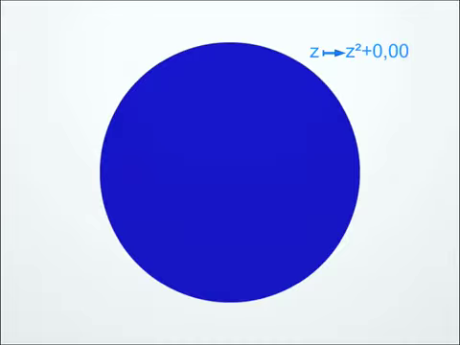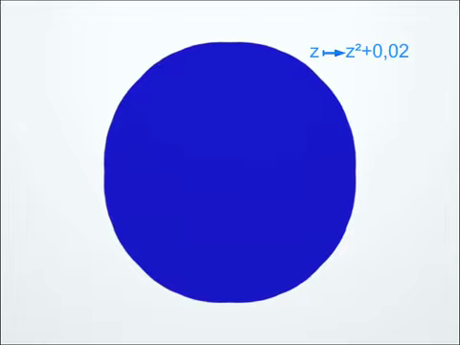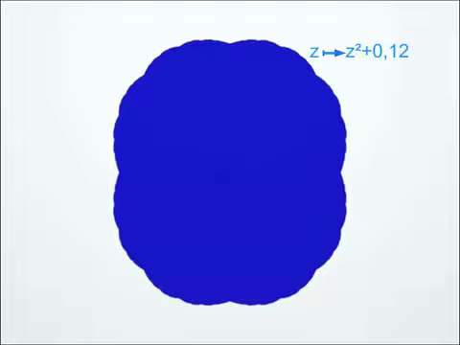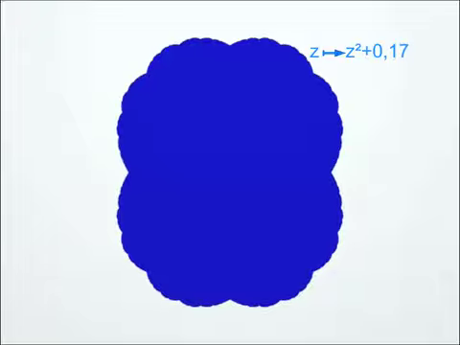But we can play the same game with other transformations, like, for instance, those of the form z squared plus c, where c is a complex number that we will choose at will. For each complex number c, we get a Julia set whose shape changes when c changes.